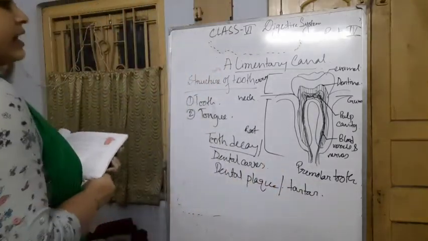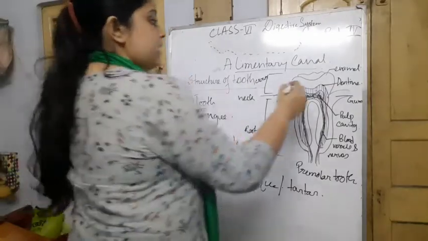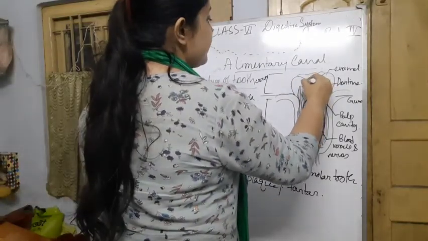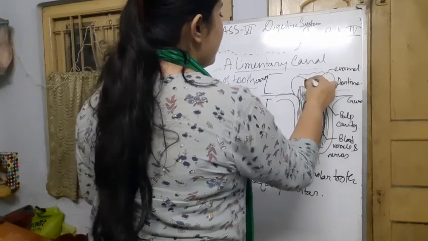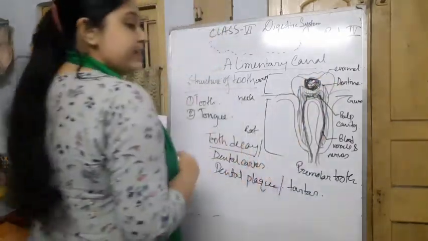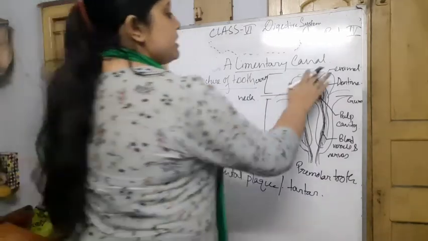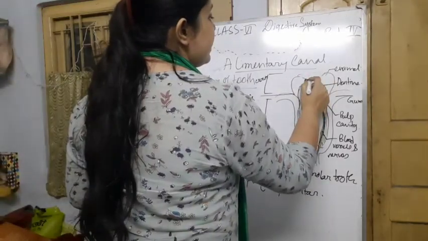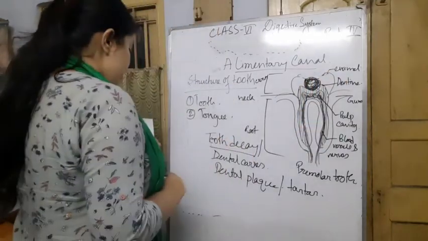How does it form? Sometimes, in this part of the main structure of the tooth, a cavity of the crown forms, where this part is denatured and a black cavity forms.